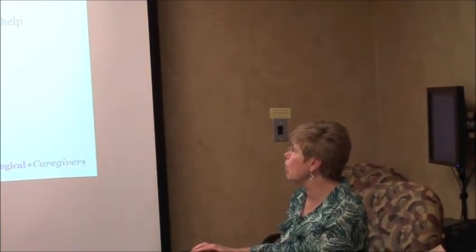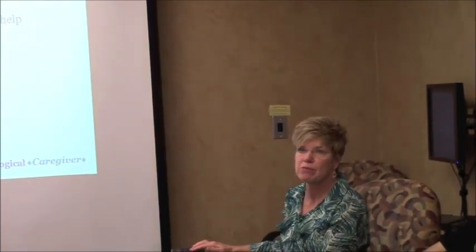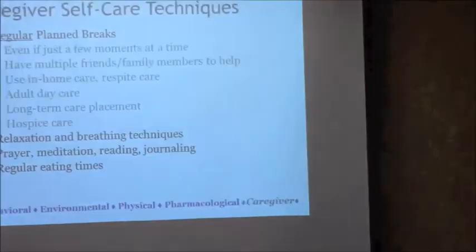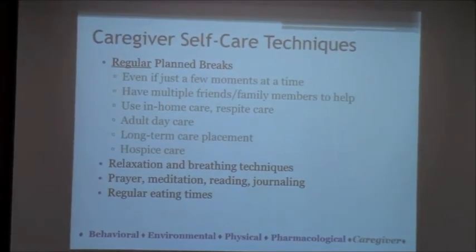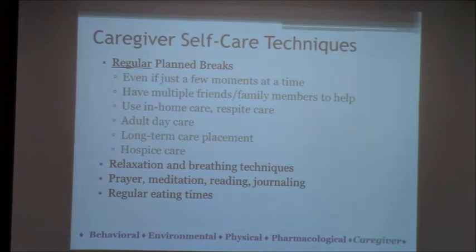You need to look for multiple friends and family members to provide support and coverage. There is the use of either in-home care or respite care by bringing other people in from agencies. Some of our patients have been enrolled in adult daycare programs, and we have found this really helpful because it gives them structure, it gives them a place to socialize, and it gives them safety and confinement.